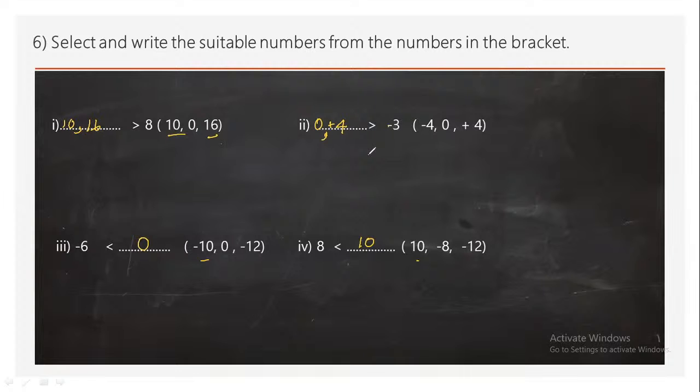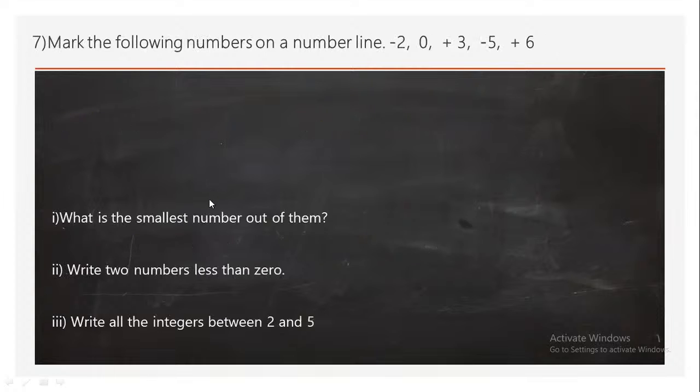Right, we'll go to the next one. Mark the following numbers on a number line. So we have to arrange from minus 2 to plus 6. So arrange this 0.